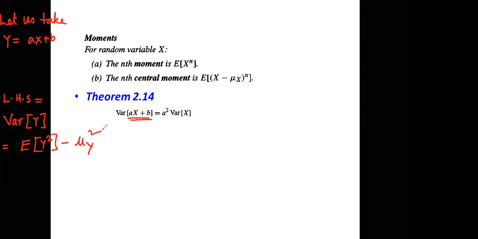Now there are two parts of this variance of y. One is the expected value of y square, another one is mu y square. So one by one, I want to find out what the expected value of y square is and what mu y square is. So the expected value of y square equals what? Let's put the value of y, which is ax plus b.